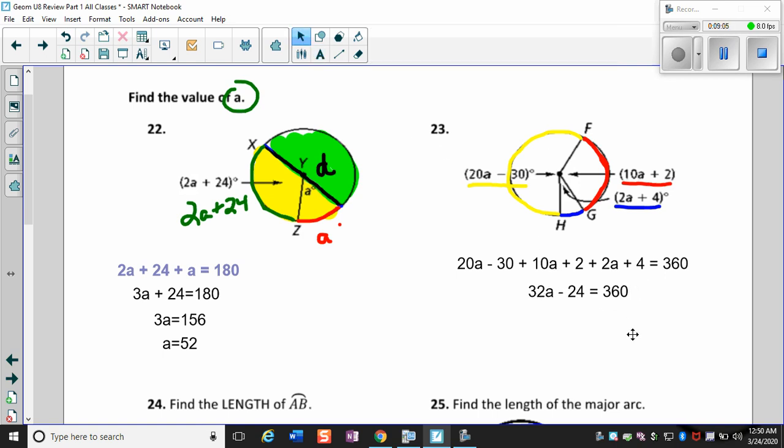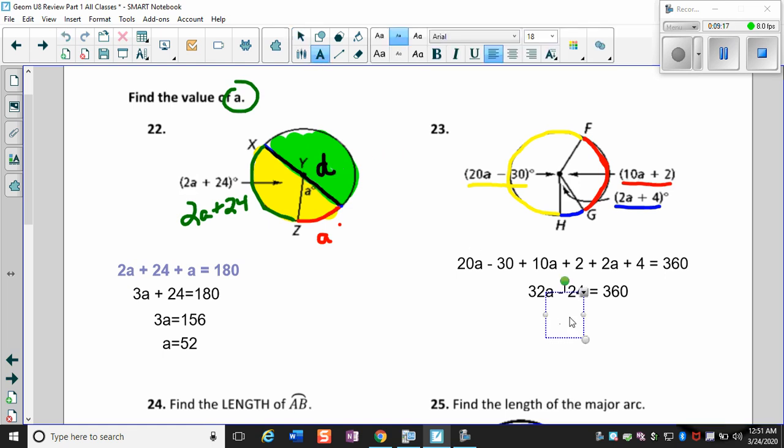Continuing to use your algebra skills here, let's move this negative 24 by adding 24 to both sides. So we're going to end up with 32a equals 384. And then now divide both sides by 32, right?